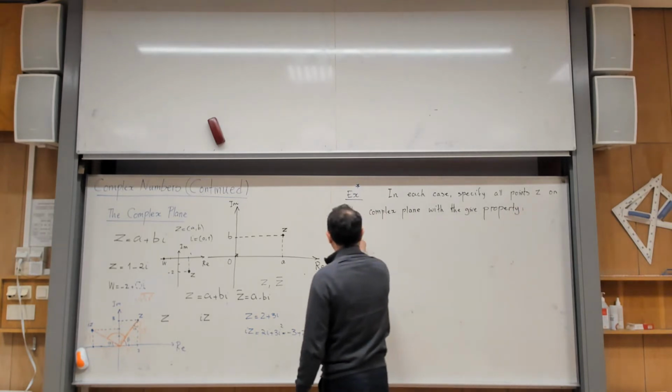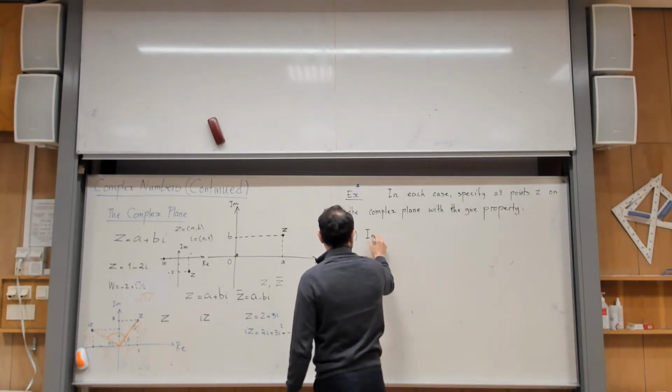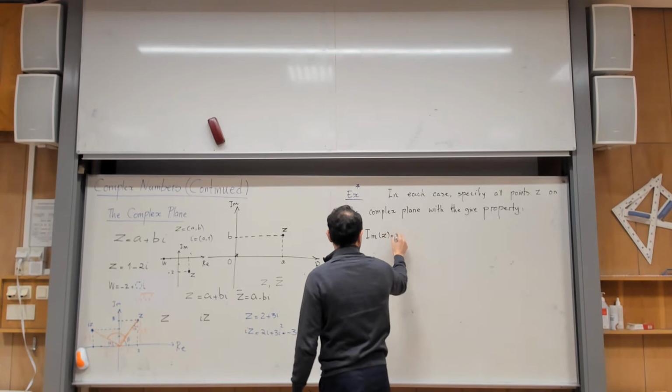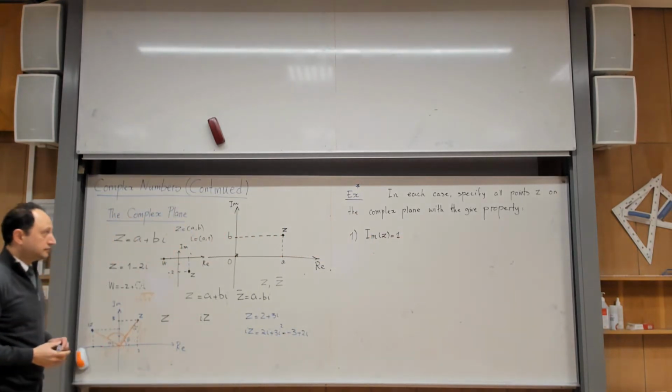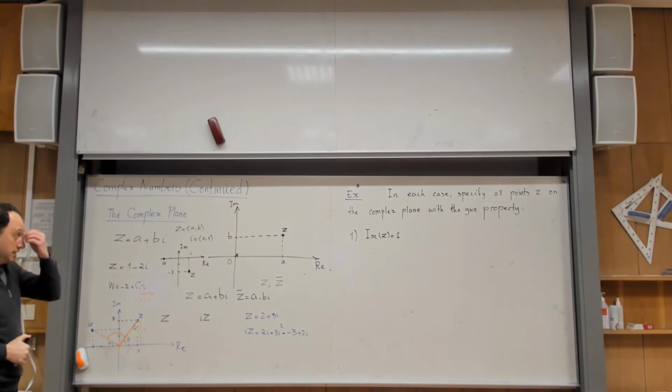So for example, I give you this: imaginary part of z equals 1.